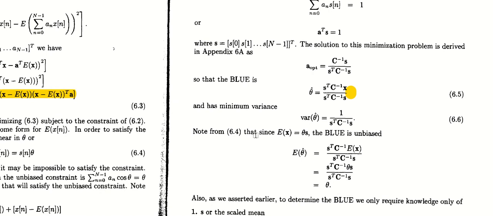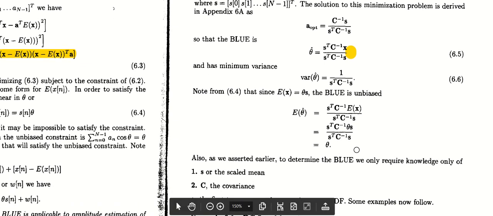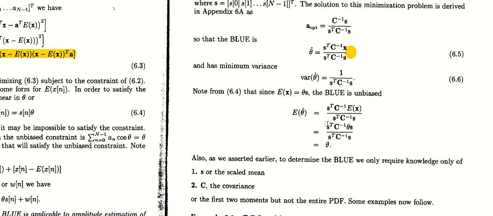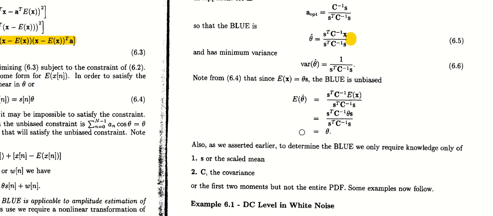From 6.4, since expect of x is equal to theta s, the BLUE is unbiased. You take the expectation and verify it. You see expect of x is theta s, and those things are identical, so a lot of things cancel out and theta remains. So expect of theta hat equals theta, and you get unbiasedness.